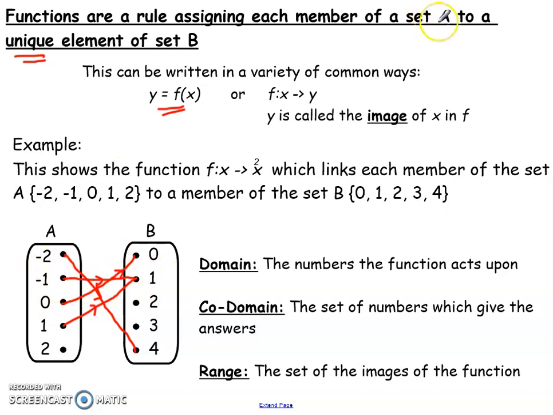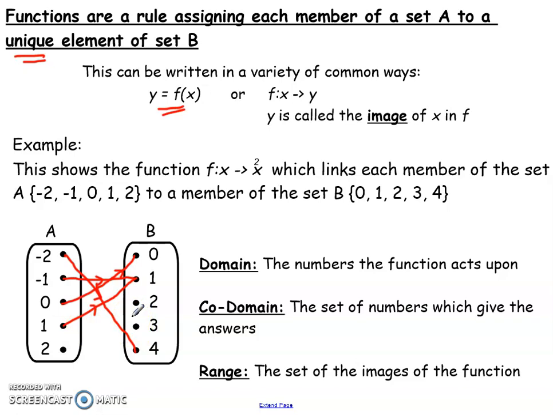What this means, from a definition, is that each value of A gets one and only one answer from the set of B. If I'd made a rule and when I put in 1, I ended up getting 2 answers, so I ended up getting 1 and, for example, 3, that wouldn't be assigned to a unique element in B because I could have 2 possible solutions to it.